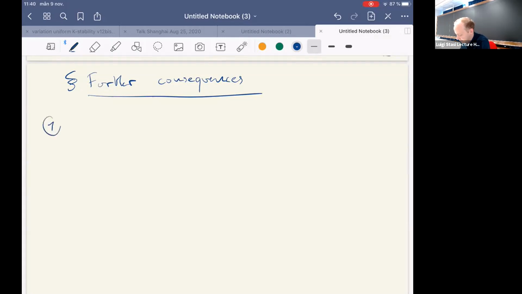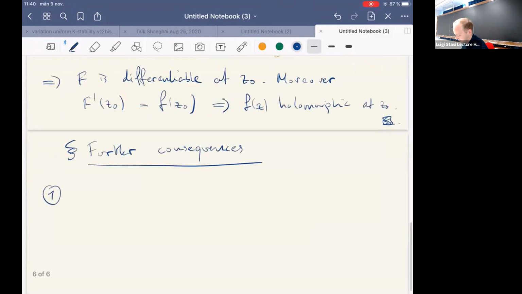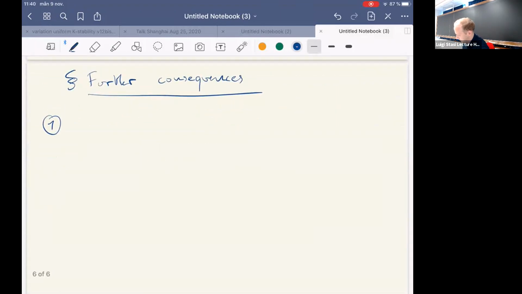It has a collection of standard but nice applications: Cauchy's estimate, Liouville's theorem, and a simple proof of the fundamental theorem of algebra. This is what we're going to do quickly now. Then we'll go back to Morera and look at this proof at the end if we have time.